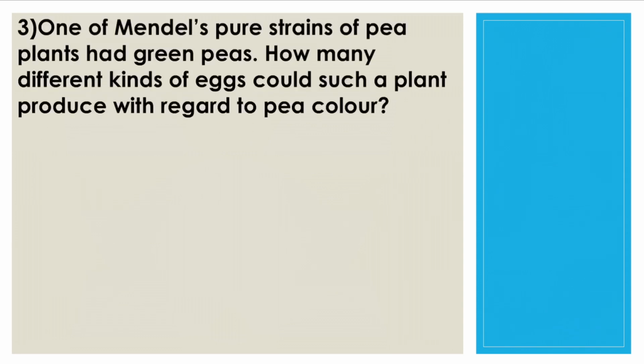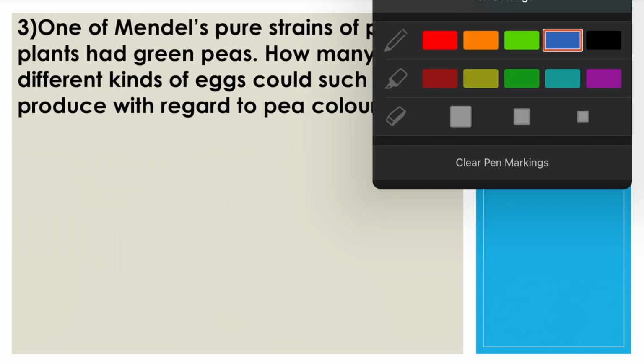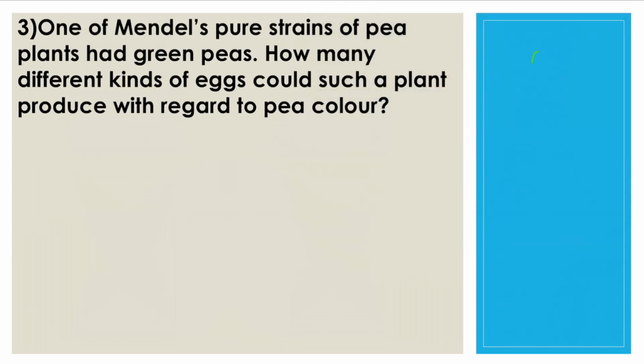One of Mendel's pure strains. What is a pure strain? Pure strain means the homozygous condition. Pure strains of pea plant had green peas, and you know that green color of the pea plant is a recessive character. It means when it is homozygous recessive, it must be like this. Pure means homozygous.